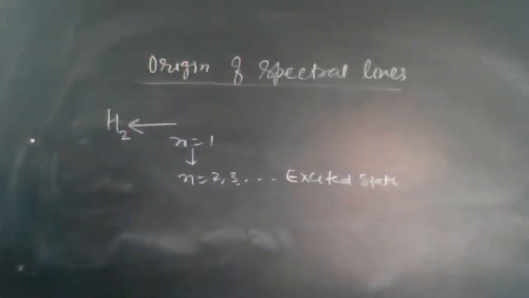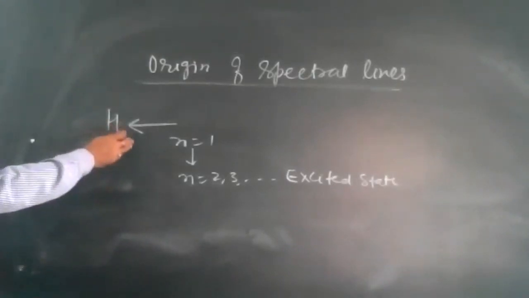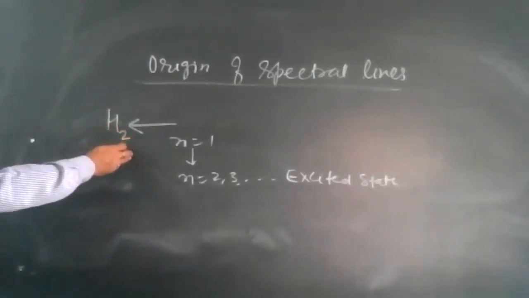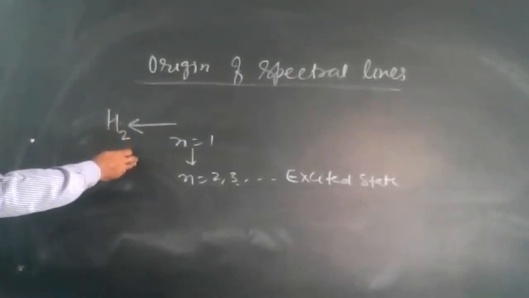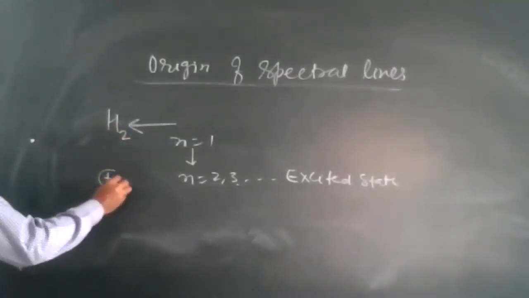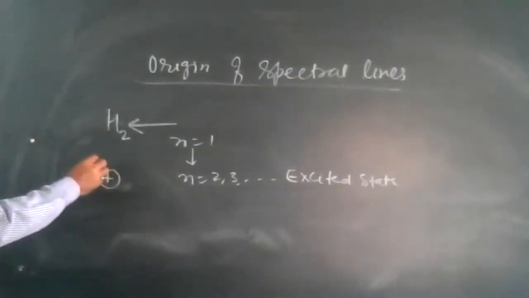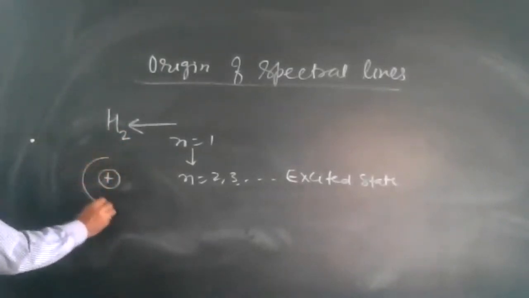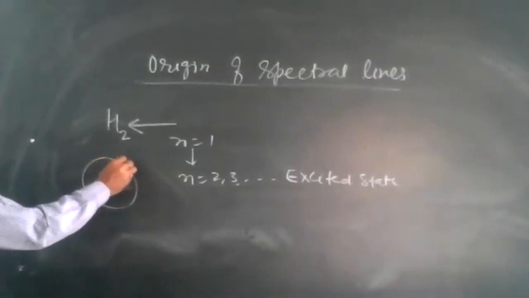So my dear children, from these excited states, the electron can fall back to the state of lower energy, emitting thereby a photon of particular energy. Suppose this is our nucleus. This is the state of energy E1.